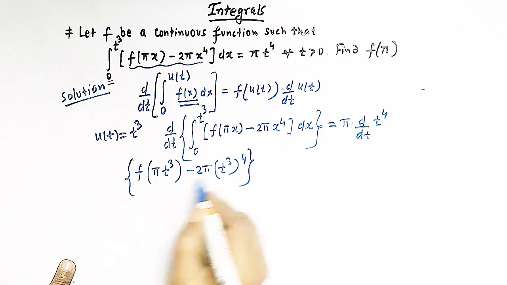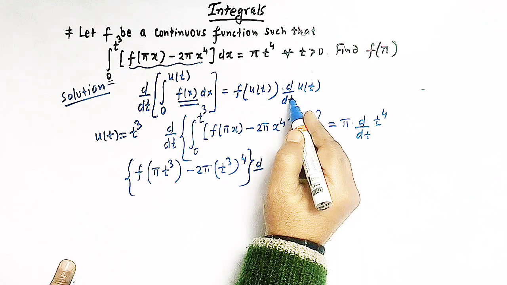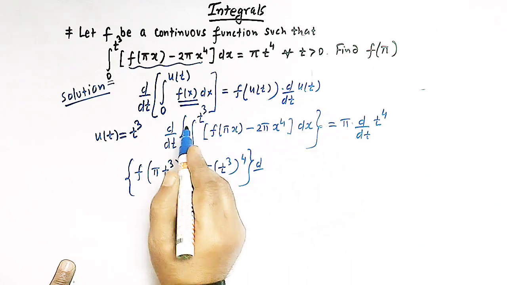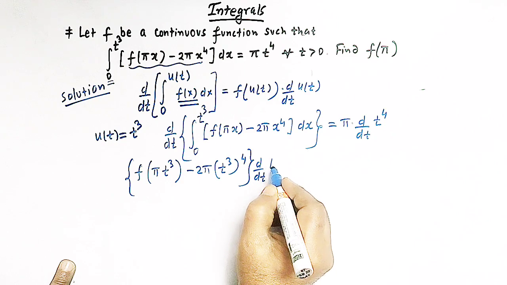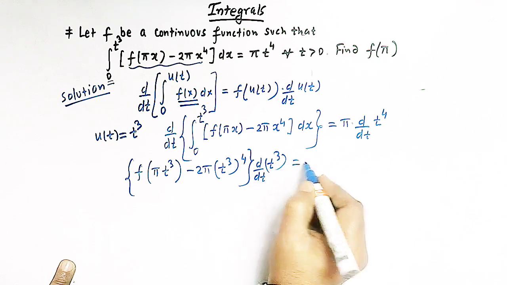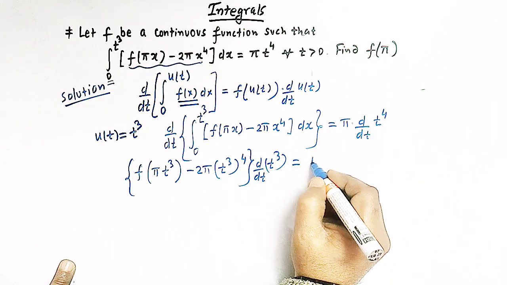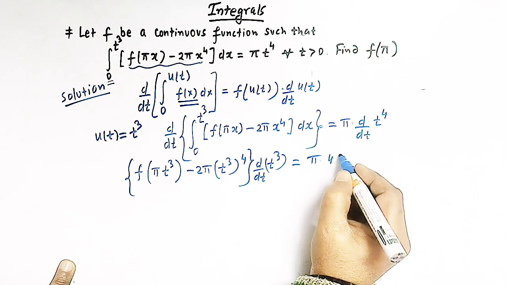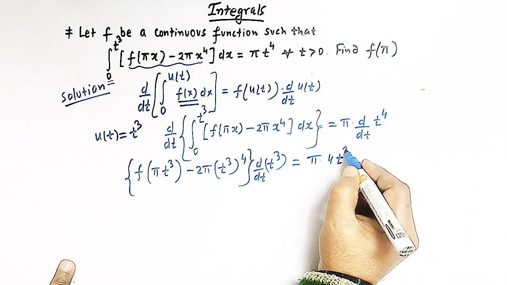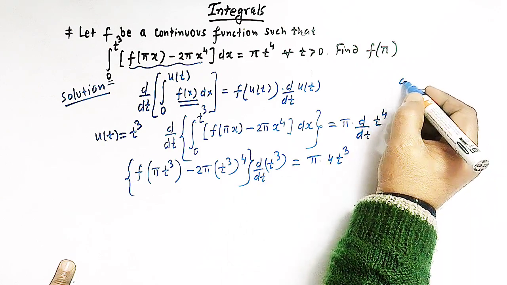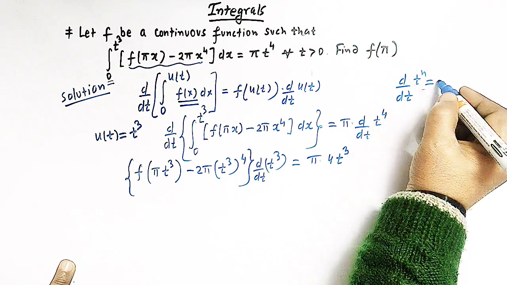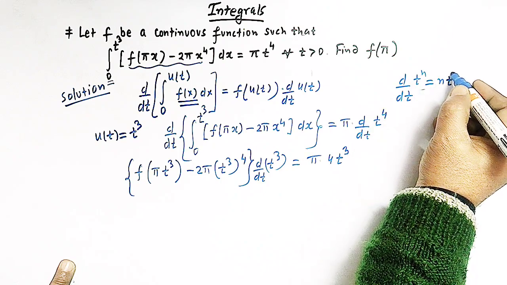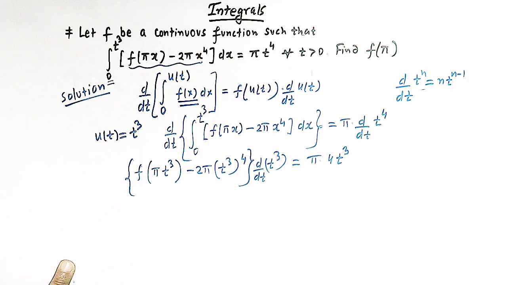And then we have the derivative of u of t, and u of t is t cube. So we have d by dt of t cube, and in the right hand side we have pi times 4 times t cube. So here we have applied the power rule for differentiation, that is n times t raised to n minus 1, right?